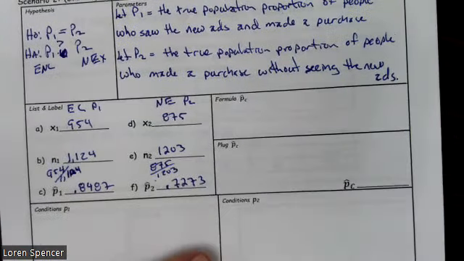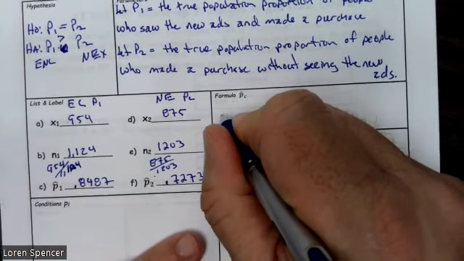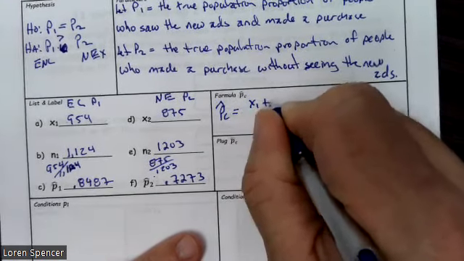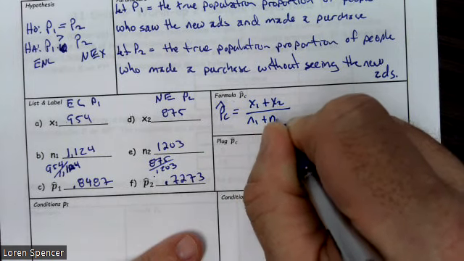All right, because it's a hypothesis test, we have to calculate p hat c, and we need that formula. Well, p hat c equals X1 plus X2 over n1 plus n2.